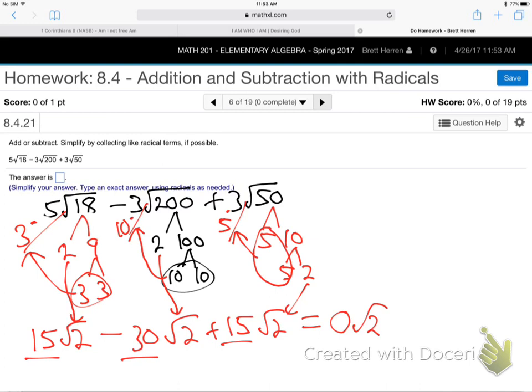But what is 0 times anything? 0. The answer is just 0. So the answer is not root 2. Why is the answer not just root 2? Because that would mean 1 root of 2. If you just write a root 2, that would mean 1 times it. It's 0 roots of 2. Notice this is a big fancy way to write 0. All that work for 0.